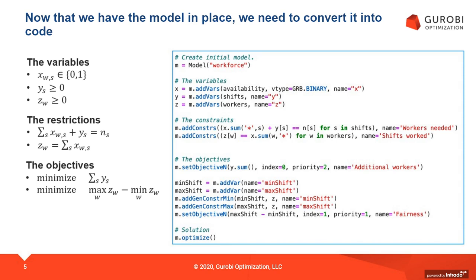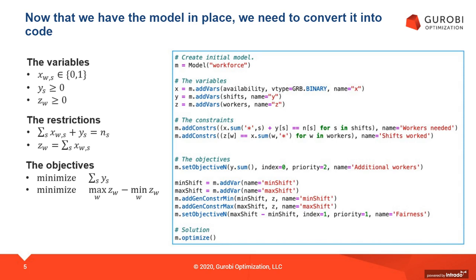But then, if there is a solution that doesn't change the number of additional workers that we need, but we can make it more fair, so this is a lower priority, then let's do this. So this puts first the minimization of the additional workers with a higher priority, but then also tells the optimizer, if possible, please make it more fair.